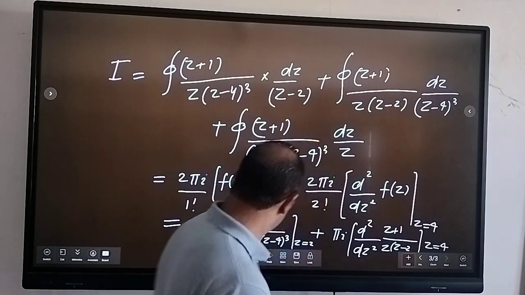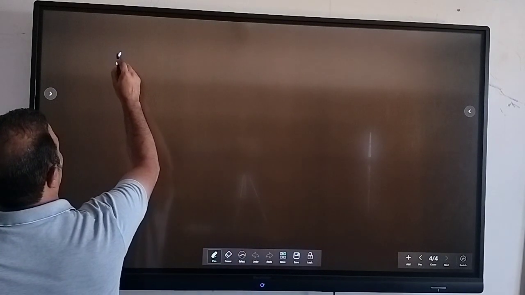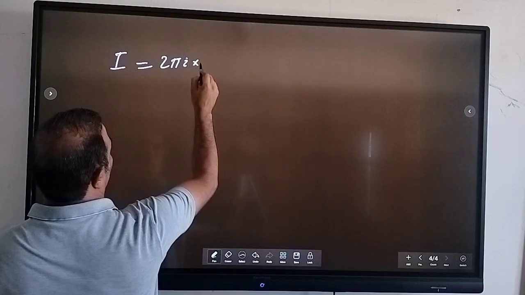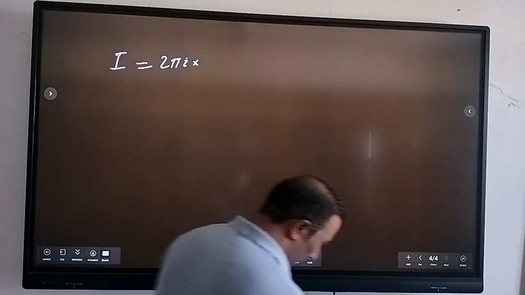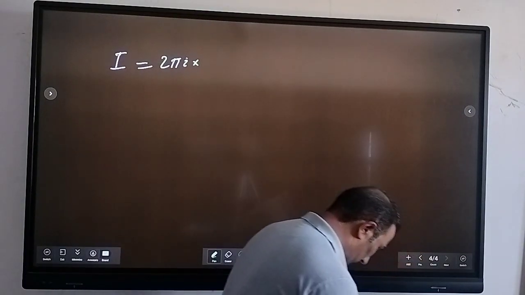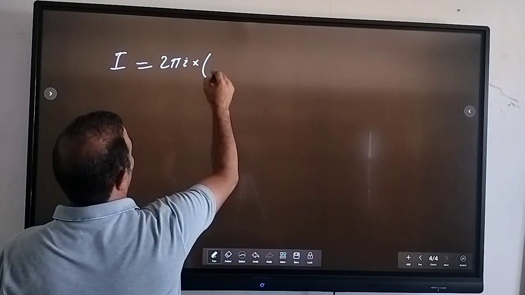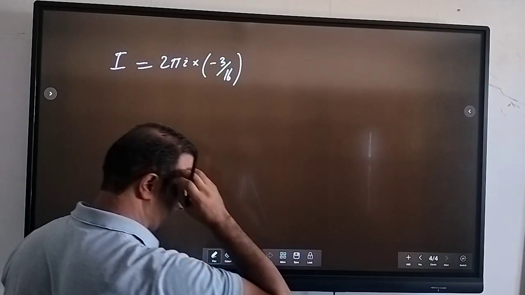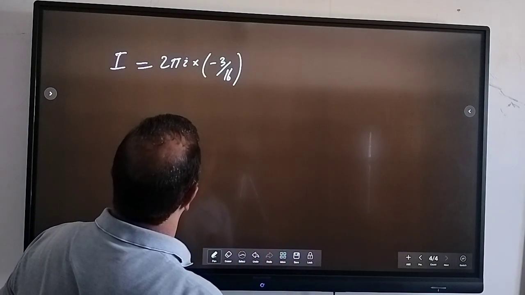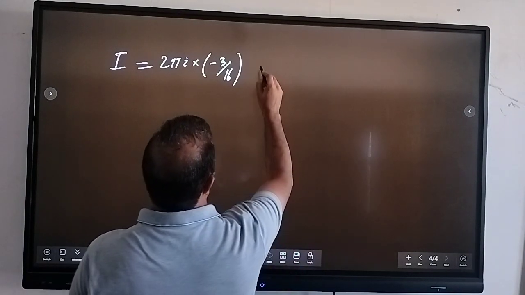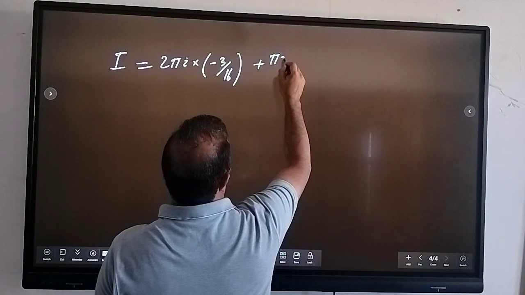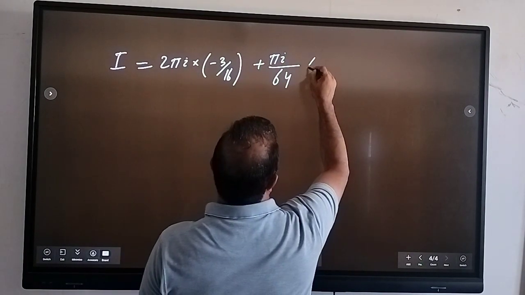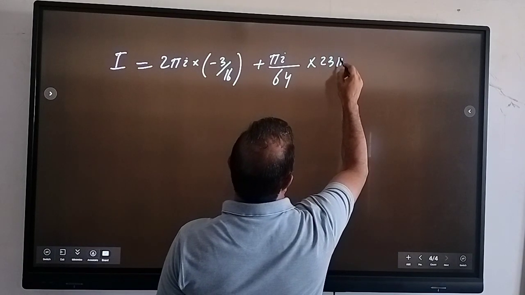So the integral will be equal to 2 pi i into minus 3 upon 16, and second integral will be pi i by 64 and 23 pi i.